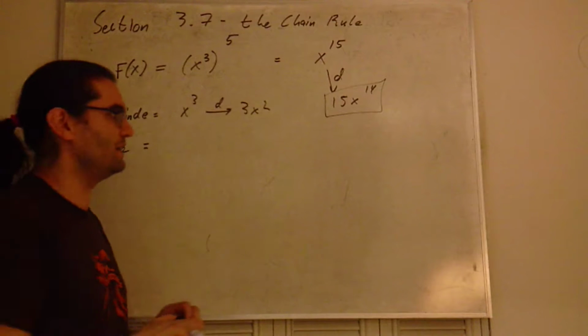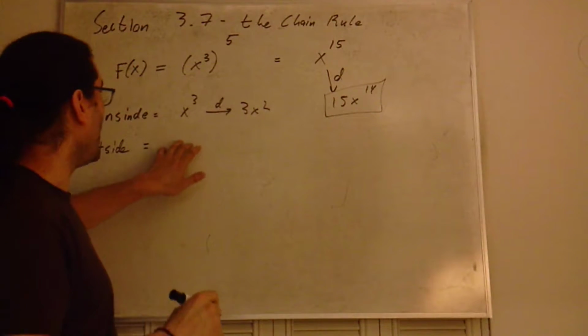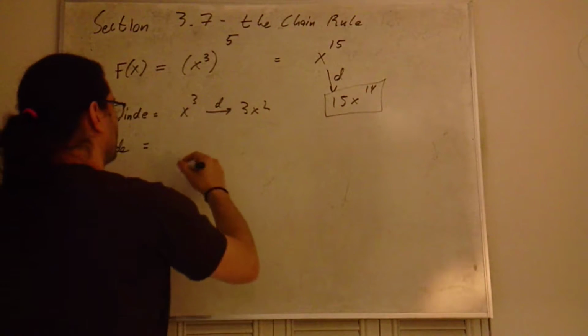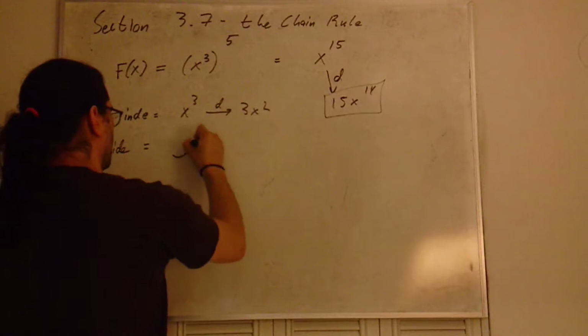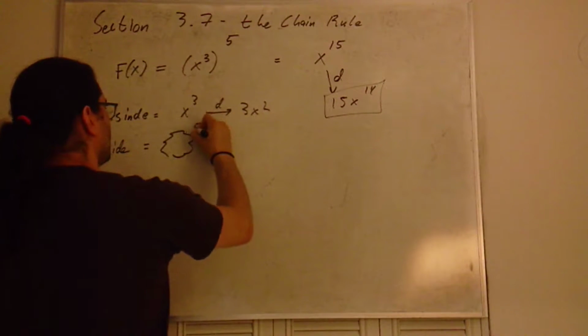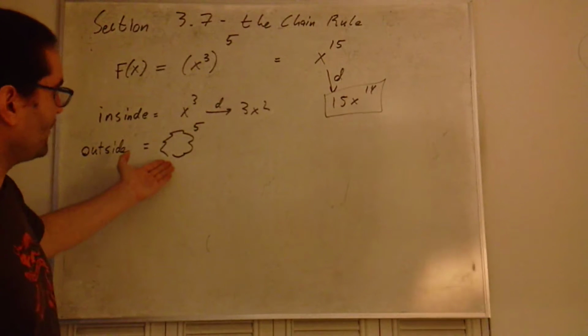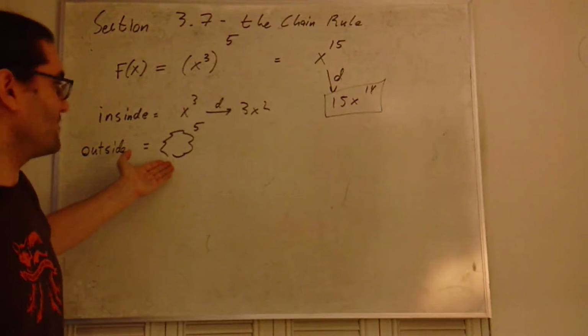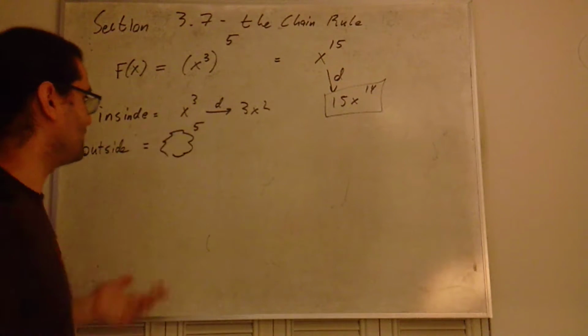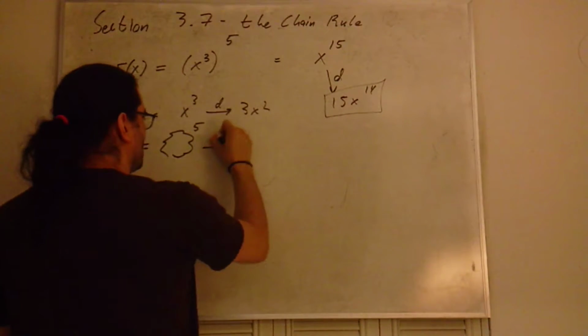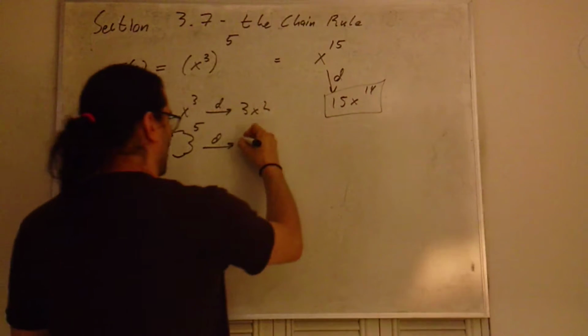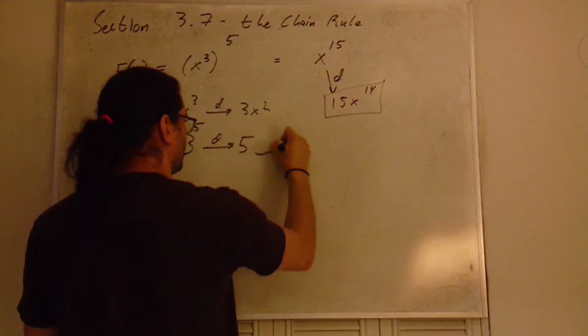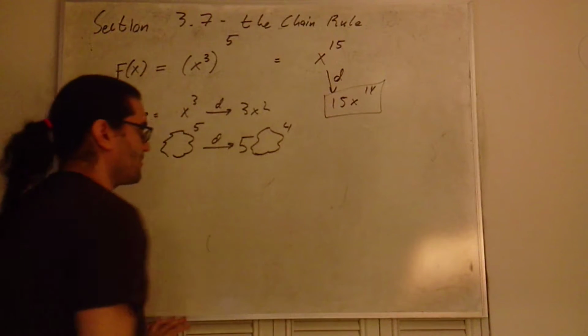It's very idiosyncratic. But I represent the outside function using a big blob. Something is being raised to the fifth power. Whatever that something is, I don't know. It's being raised to the fifth power. The derivative of something to the fifth power is 5 blobs to the fourth power.